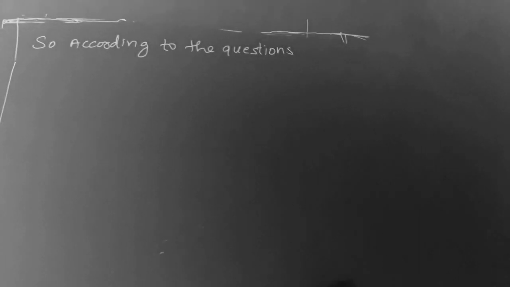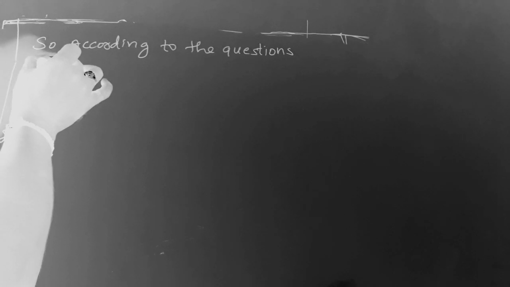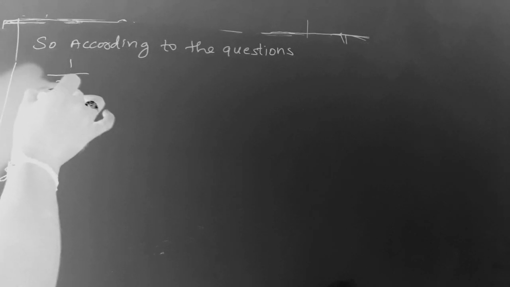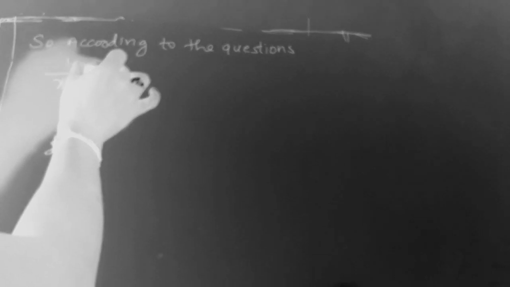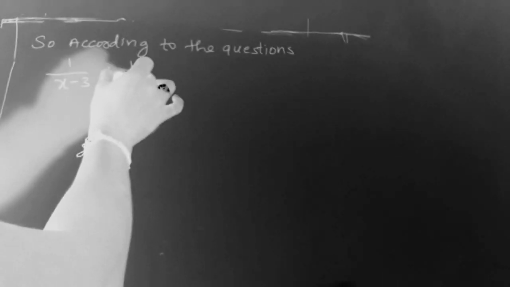So according to the question, he has given that the sum of reciprocals of Rahman's ages 3 years ago and 5 years after is equal to 1 by 3. The reciprocal of x minus 3 is nothing but 1 by x minus 3. The reciprocal of x plus 5 is nothing but 1 by x plus 5.